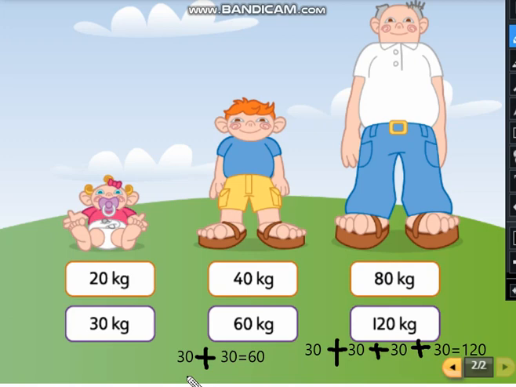It's the same thing as 30 times 2 is equal to 60. Okay, so 120 kilograms here is the same thing as 30 plus 30 plus 30 plus 30. Okay, 30 times 4 is equal to 120 kilograms.